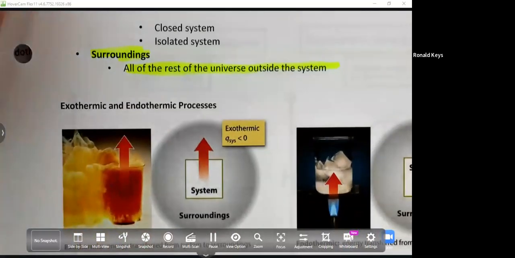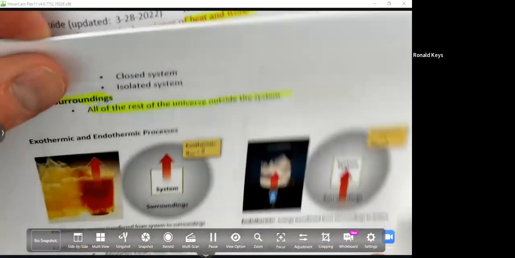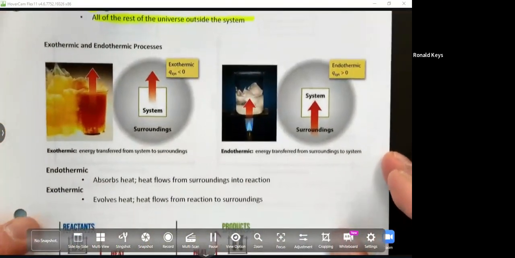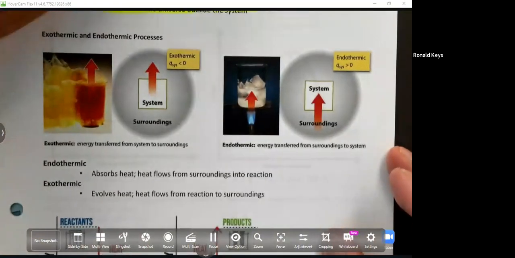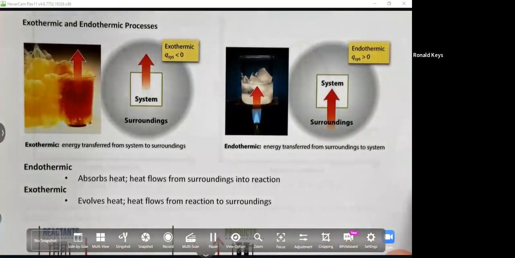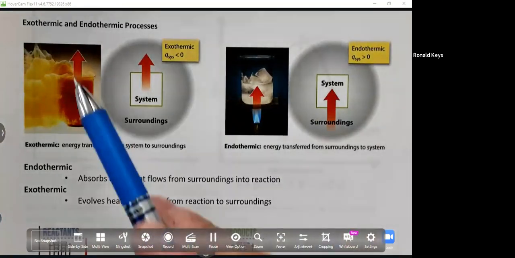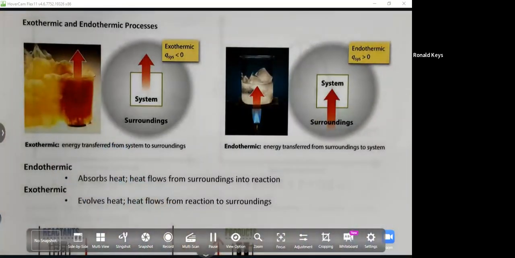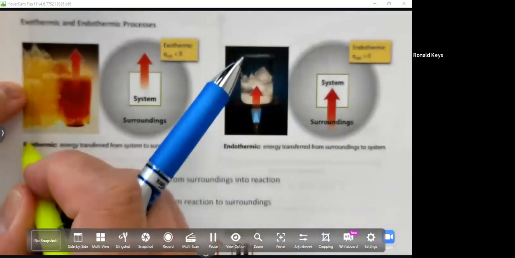Now, some language. The beginning of OWL does a lot of sign convention and really, I don't know, perhaps some nitpicky stuff to get you learning the language. Something is exothermic.